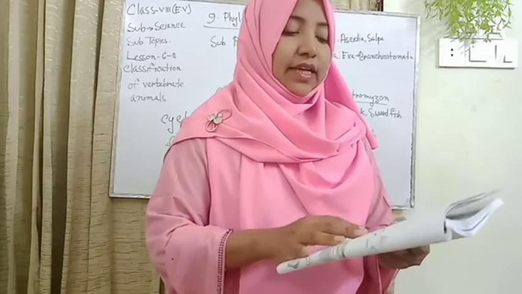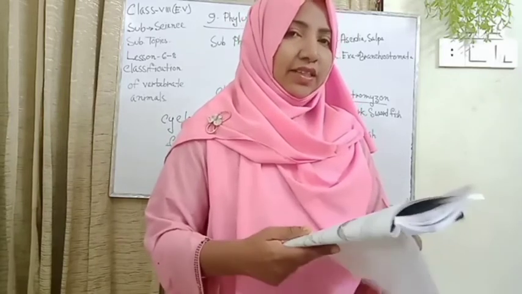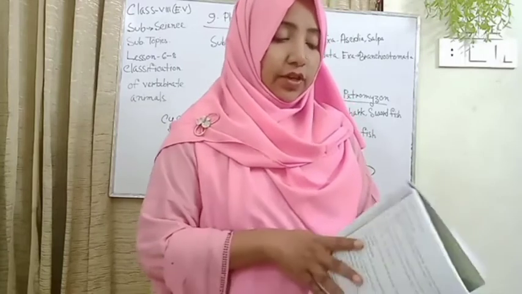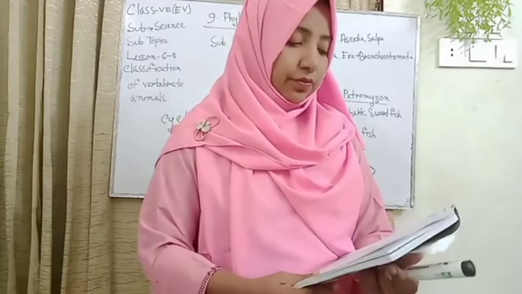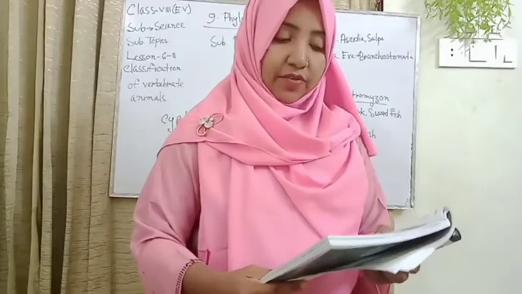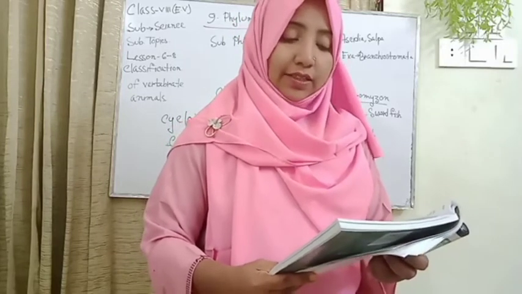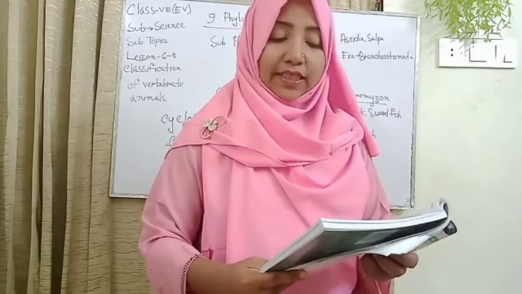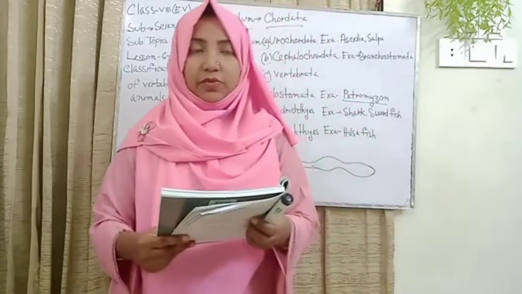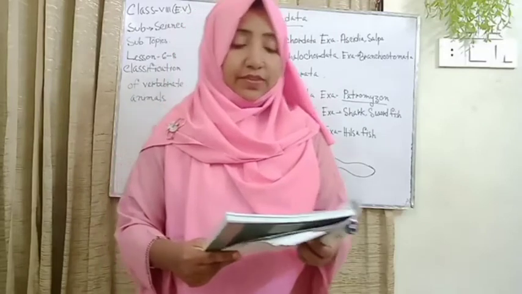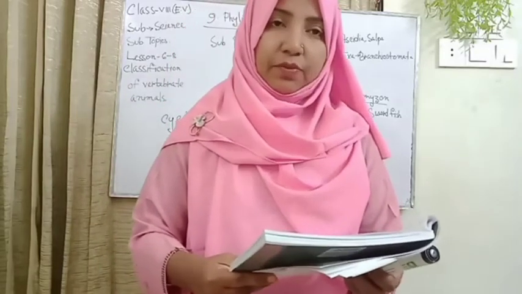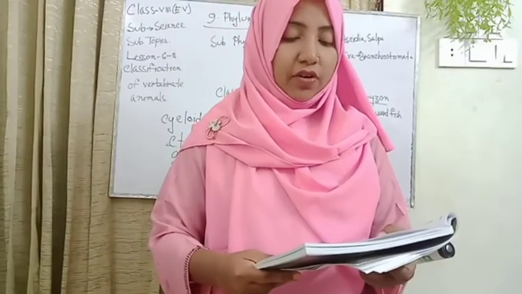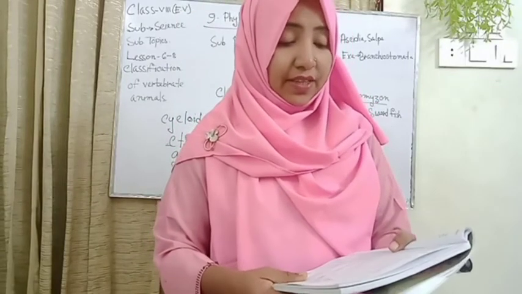My dear students, I just explained today the subphylum Chordata. I gave you the three characteristics. First is the notochord, a rod-like, segmented structure. Second is the dorsal tubular nerve cord. Third is the pharyngeal pouches and gill slits, present throughout life or at some stage in the life cycle.